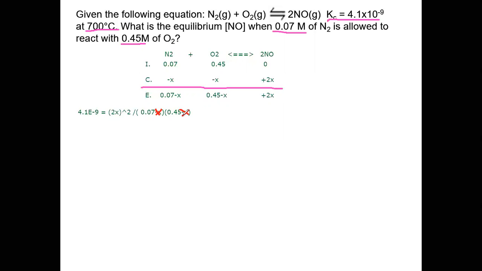And so when it's in the range of a magnitude of 100, what you want to do is, when you calculate X, as long as it's less than 5% of the initial concentration, you're okay. So now we've gotten rid of the minus X term, so now we just have 4.1 e to the negative 9 equals 2x squared divided by 0.07 times 0.45. So what I'm going to do is put all the non-X terms on one side.